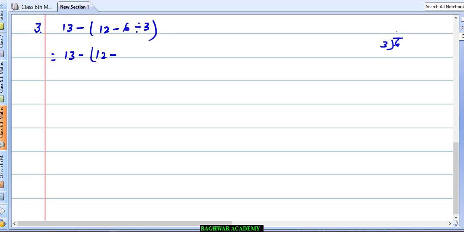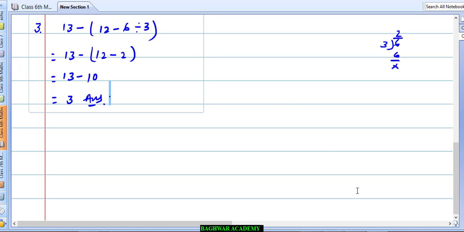So 3 twos are 6. So here we will have 2. Now 13 minus 12 minus 2 is equal to 10. So that is required to be written, 10, and now finally 13 minus 10 is equal to 3, and this is your answer. So simple it was.